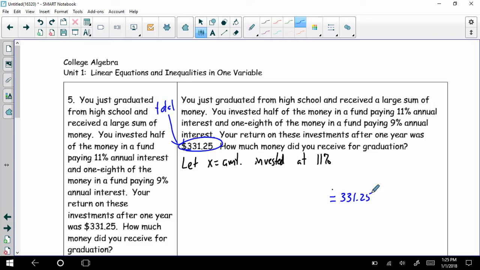So again, same type of setup. I know that I have the money invested at 11%. So half of the money is invested at 11%. So we have 0.11x. By the way, there's no need for me to have that parentheses there. I'll set it up much like the last one. The second part, 1/8 of the money invested at 9%.